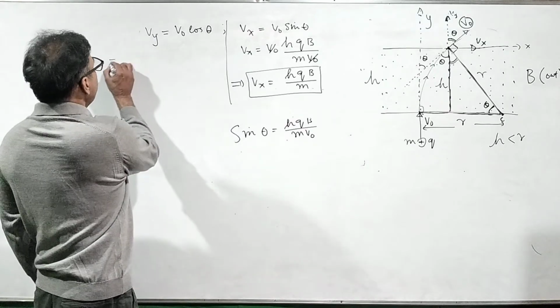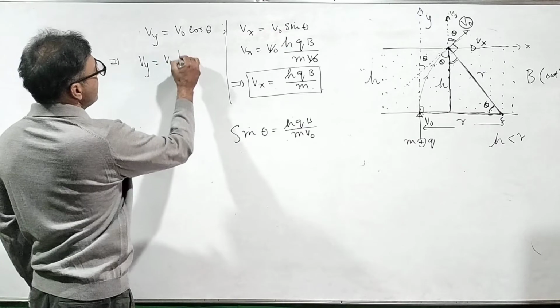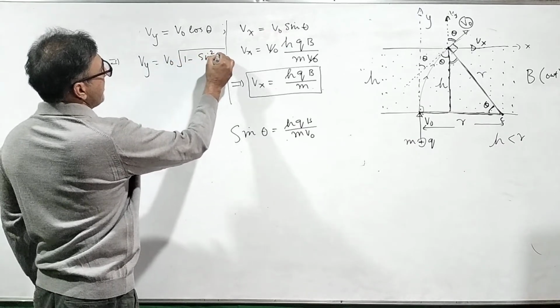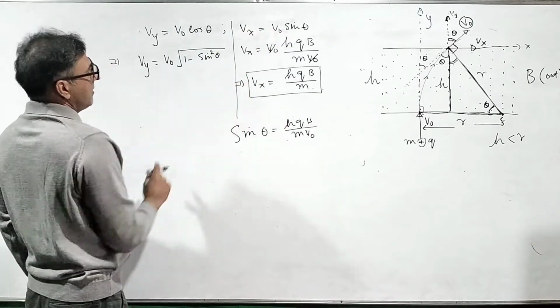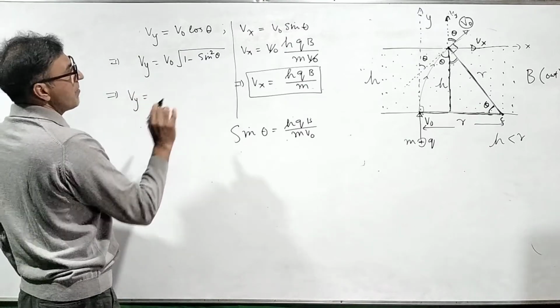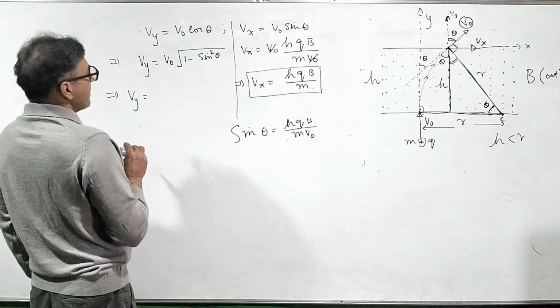Okay, now what about Vy? Vy is equal to v0 cos theta. What is cos theta? That is root of 1 minus sine square theta. So what is Vy, the vertical component of the emergent particle?